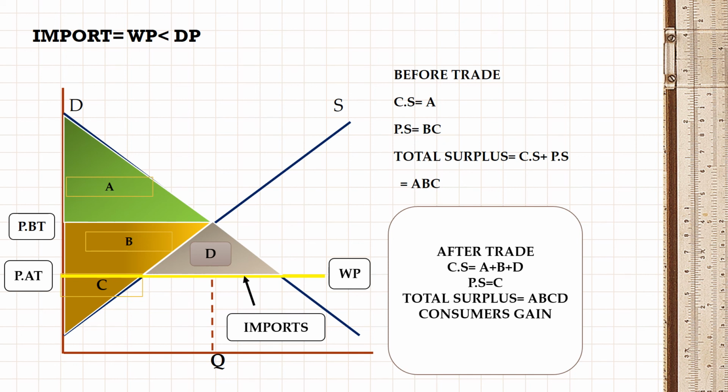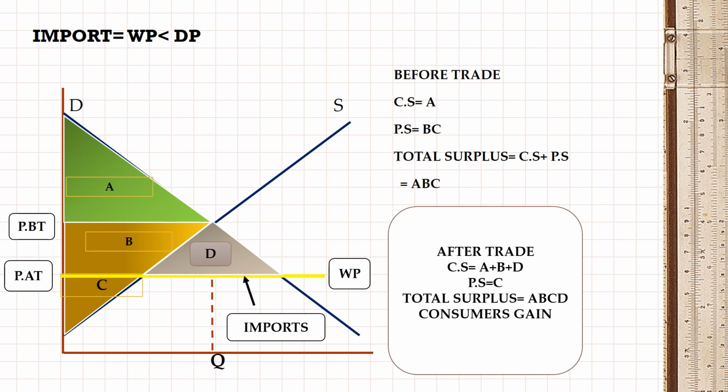So all the area above the price and below the demand curve is your consumer surplus. Definitely, you notice consumers are better off when you import because the price is lower. They can buy the product or any good or service at a lower price. Whereas producers are worse off because the borders are open and they have to sell at a lower price.